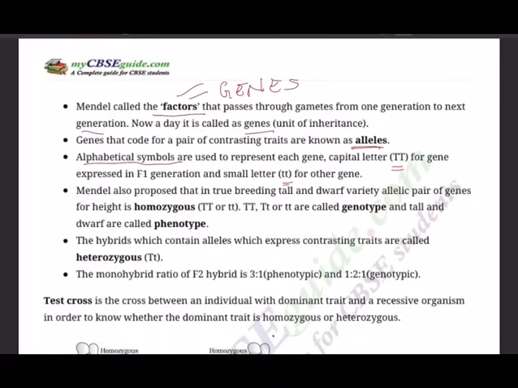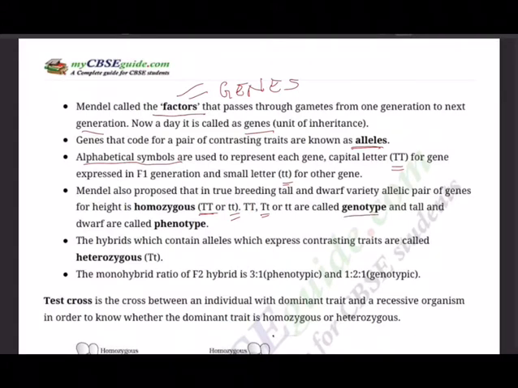Mendel also proposed that in true breeding tall and dwarf varieties, the allelic pair of genes for height is homozygous, similar types of genes, capital T capital T, whereas capital T, small t is heterozygous.